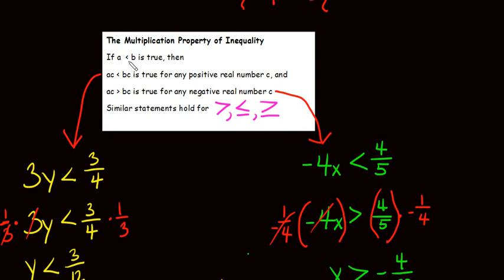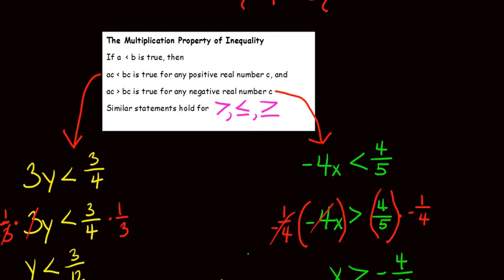It's going to stay less than. But if you multiply A and B by C and C is negative, you're going to have to switch the symbol because the negative is going to make it the opposite. I'm going to show you a couple of examples right here. And this holds true for whatever the inequality symbol is.